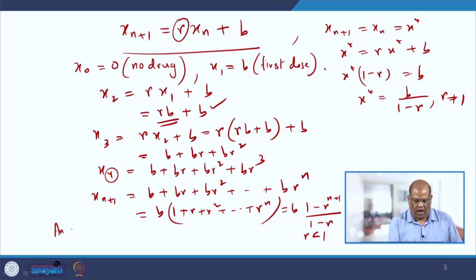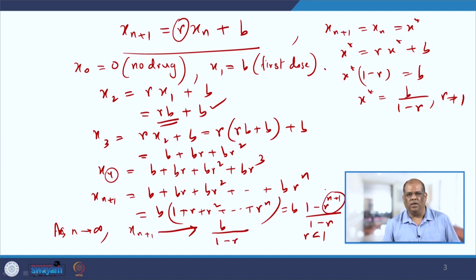As n becomes large, what you see is that x n plus 1 tends to the value b divided by 1 minus R, because since R is less than 1, R to the power n plus 1 will tend to 0 as n tends to infinity. So, for large time, it reaches a steady value b by 1 minus R, which coincides with our equilibrium solution, and we can see that it is stable.